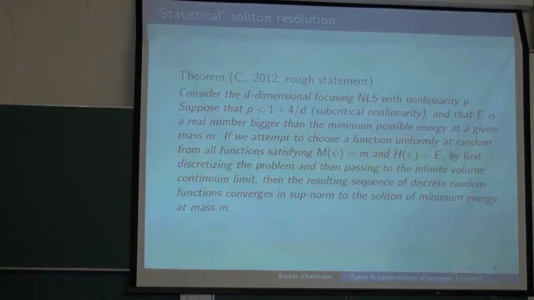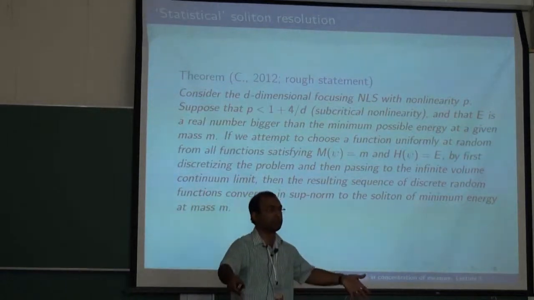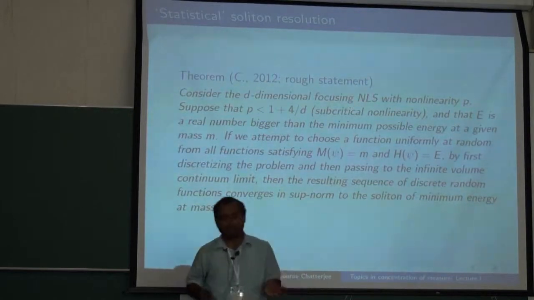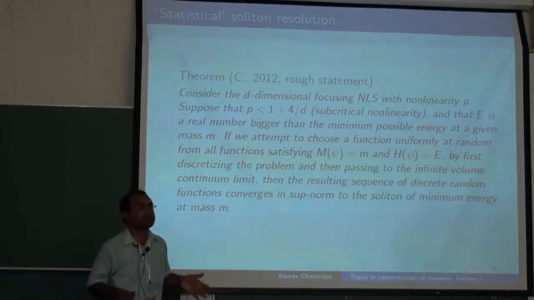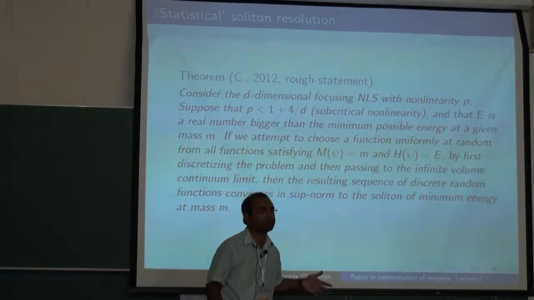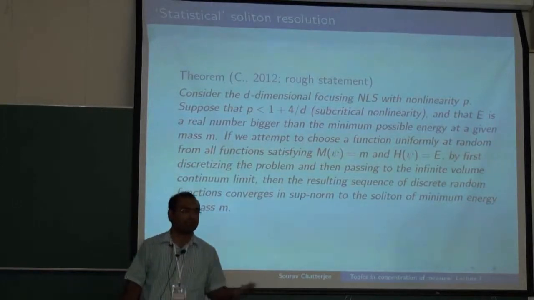And the other shortcoming, of course, is you would ideally like to send h to 0 first. You would like to have an invariant measure on the torus. That I don't have. So nobody has actually. In dimensions 3 and higher, no one knows how to construct a continuum invariant measure for the NLS. It has been constructed only in 1 and 2 dimensions by Bourgain, McKean and others.